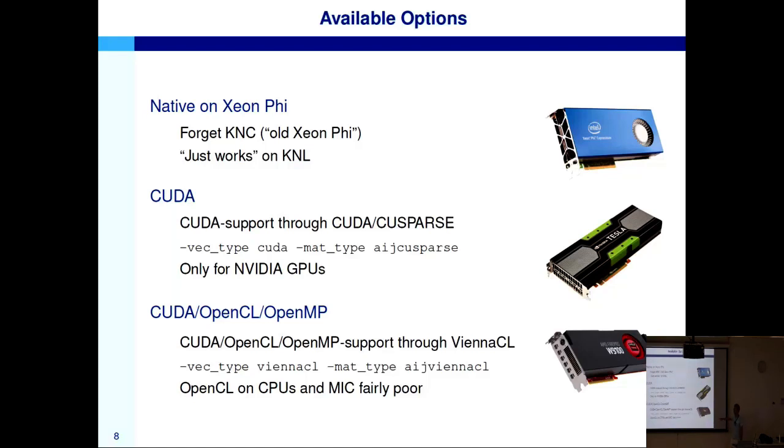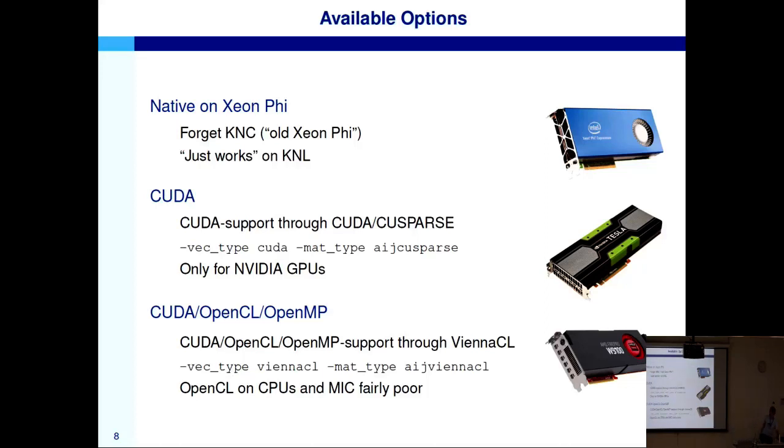The claim is that OpenCL will just unify everything: you have this one library, and then you can target CPUs and GPUs and manycores. That's an easy promise to make and hard to keep, and that's what you see in practice. Essentially, OpenCL on anything other than a GPU doesn't fly. It might be okay for FPGAs at some point in the future, but there are other concerns to worry about.